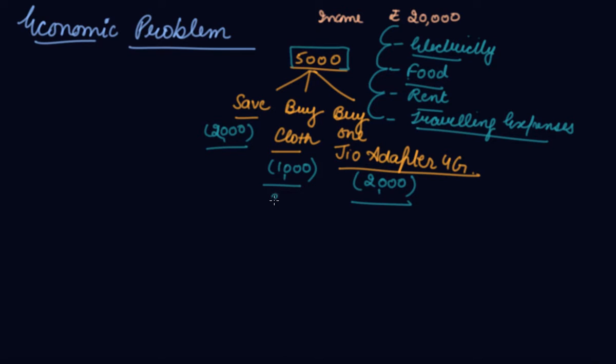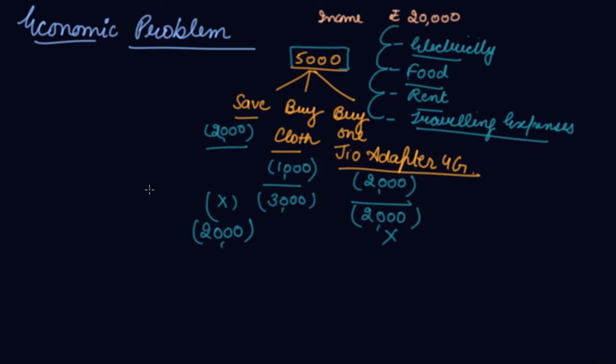Can you buy a 3,000 rupees cloth? If you buy a 3,000 rupee cloth, then you cannot save. You will only be able to buy 2,000 of Geo adapter, or you won't be able to buy Geo adapter. You could save 2,000 rupees. So these are the various alternatives that can happen.